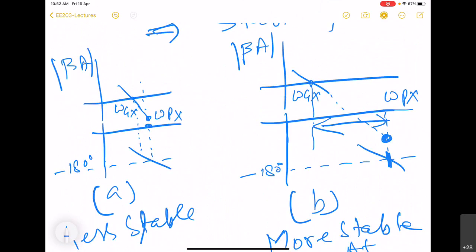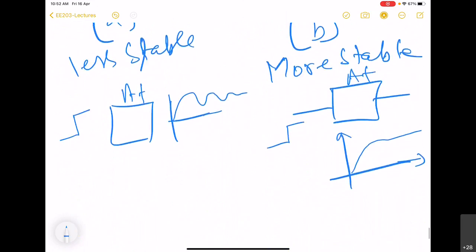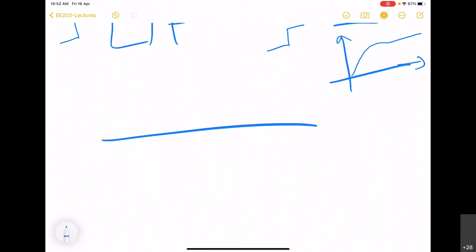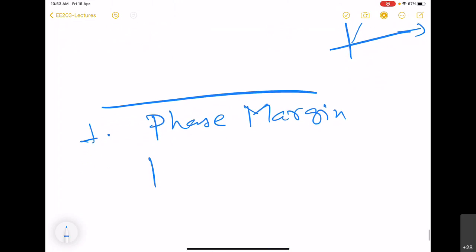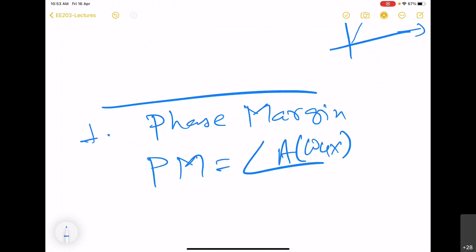Now to convey this relative stability, we quantify it with the help of two parameters. One is called phase margin. Phase margin is defined as the phase of the amplifier at gain crossover frequency plus 180 degree.